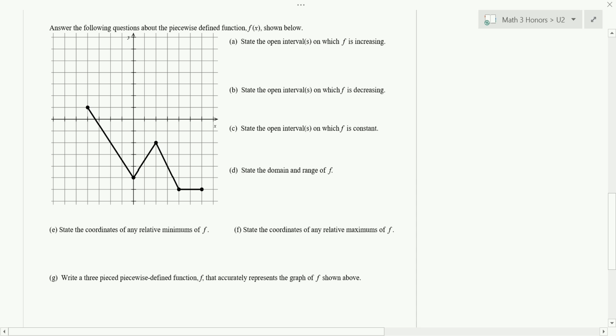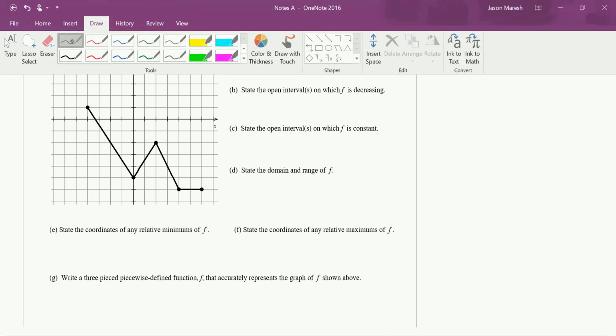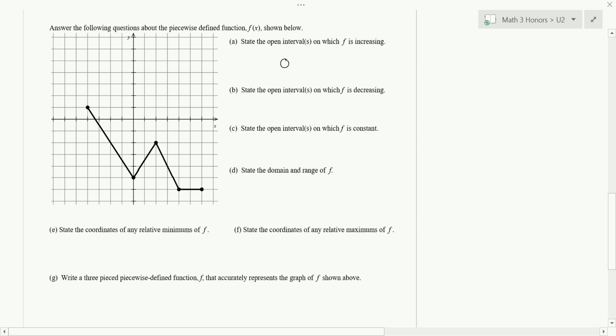All right, so let's go over this on A. Abigail, what'd you get? Okay, 0, 2. And did you use brackets or parentheses? And you're using parentheses because it says open, exactly.